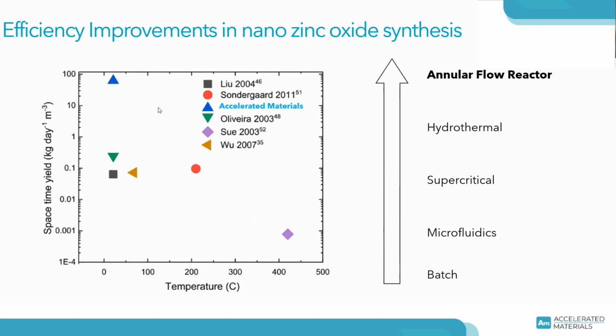So in one paper we published on nano zinc oxide synthesis, we showed that by switching to annular flow for nanoparticle zinc oxide synthesis, we outperformed all of the conventional techniques for synthesis, from hydrothermal all the way to batch synthesis, not just by increasing the efficiency by orders of magnitude, but also by reducing the temperature, in some cases from 400 degrees Celsius all the way to ambient temperature. So that results in a huge cost saving when you move to production.